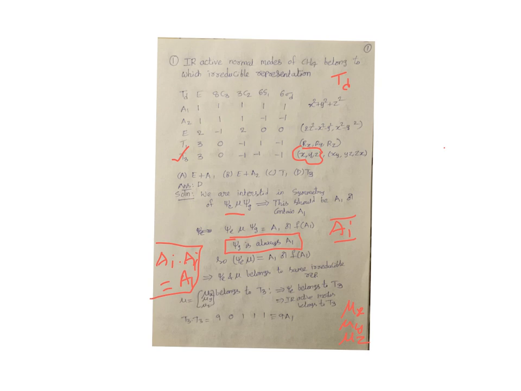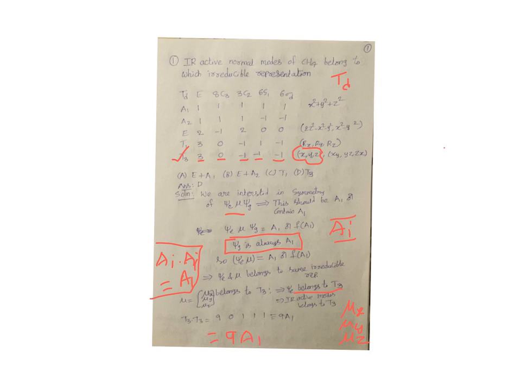So the x, y and z components belong to the T2 irreducible representation. Therefore, automatically psi e also should belong to the T2 irreducible representation. Because if you multiply T2 by T2, you will get 3 threes are 9, 0, minus 1 into minus 1, 1, minus 1 into minus 1, 1, minus 1 into minus 1, 1. So you basically get 9 times A1.